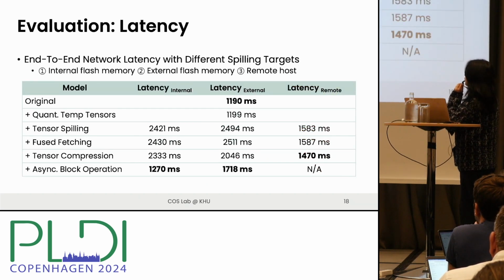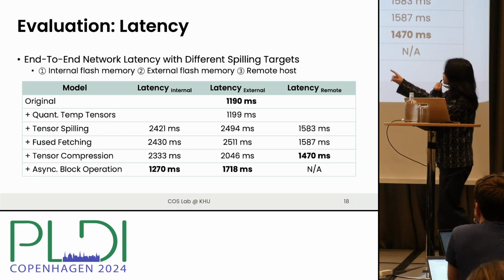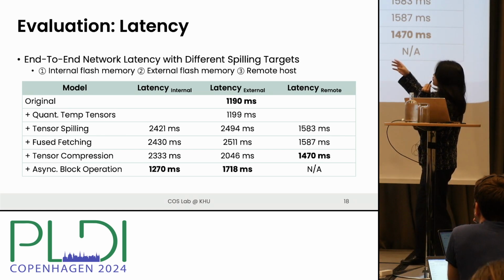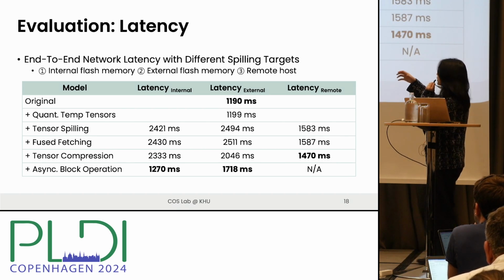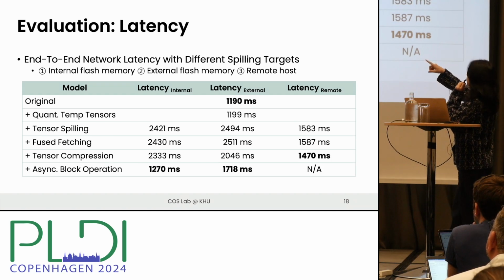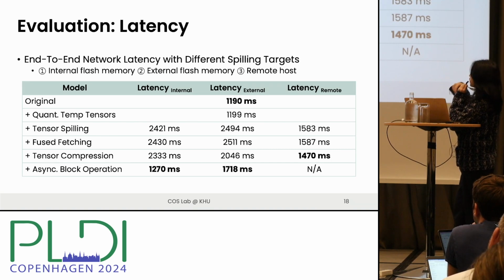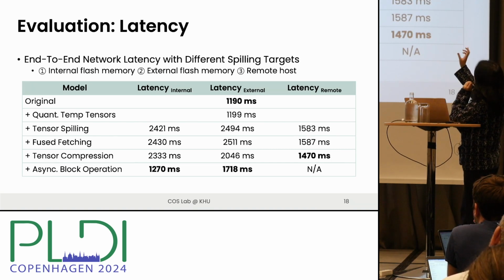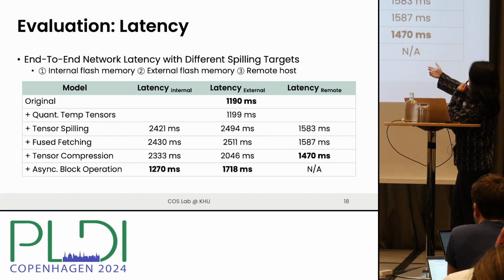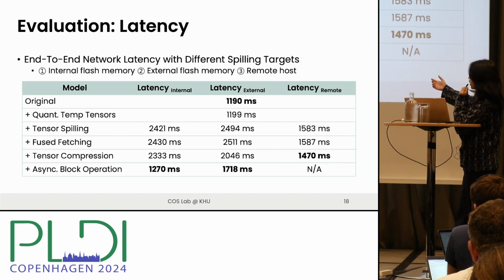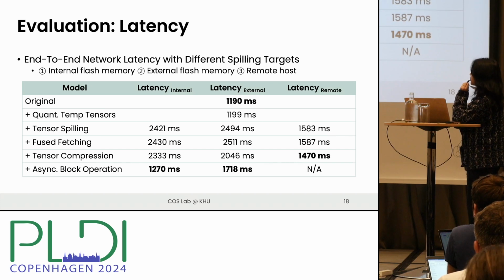We also measured the end-to-end network latency with different spilling targets on the Arduino Nicla Vision. The first option is to spill the tensors into the internal flash memory inside the microcontroller. The second option is to spill the tensors into the external flash memory outside the microcontroller. And the third option is to send the tensor data to a remote host via serial communication.